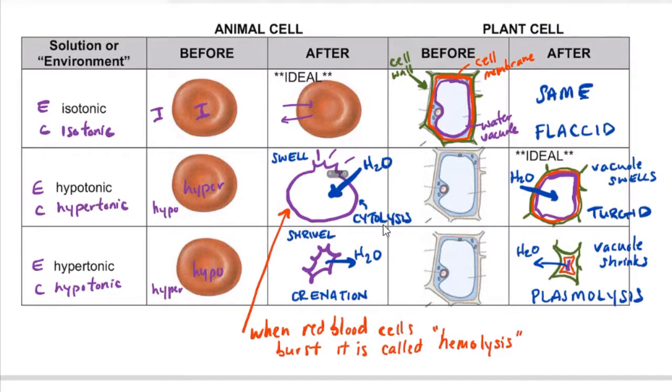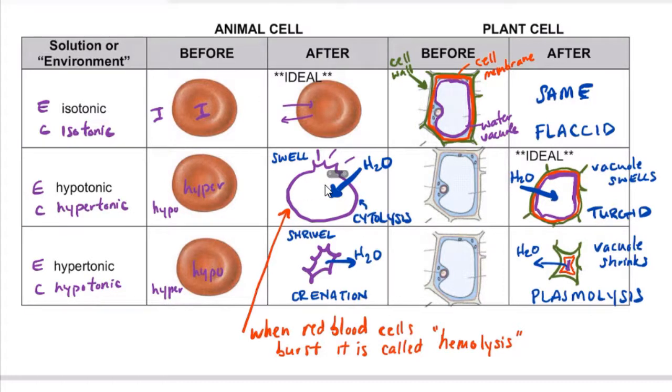Cyto means cell, and lysis is the idea of bursting or breaking apart. So cytolysis, the cell bursts because it was too hyper to begin with, and then as the osmosis began to happen and the water moved in, it just couldn't contain all the water that came into it.